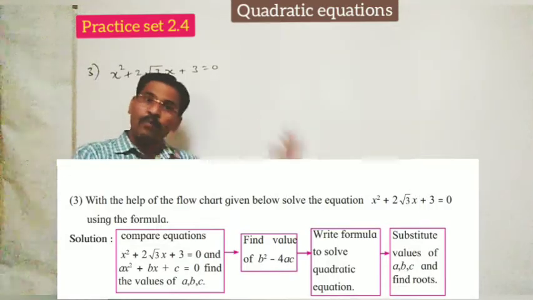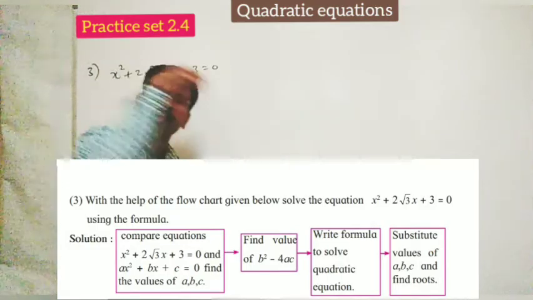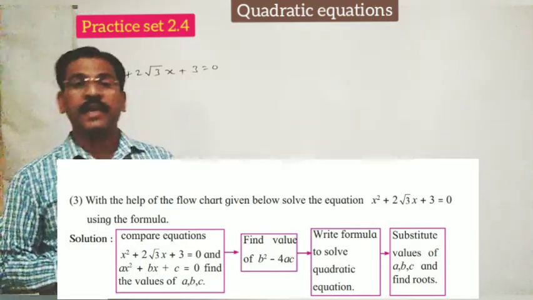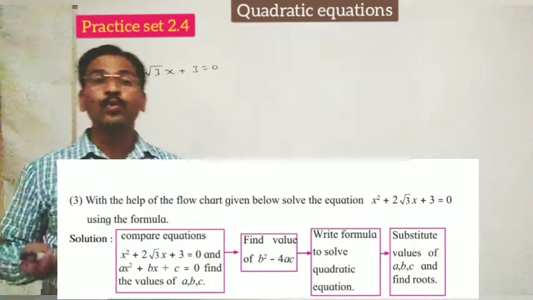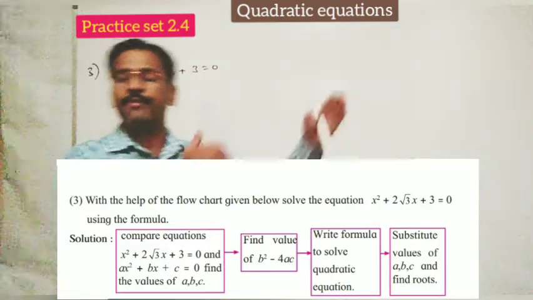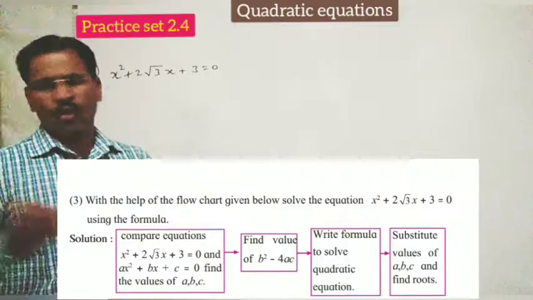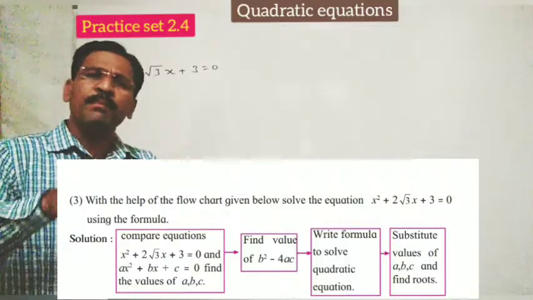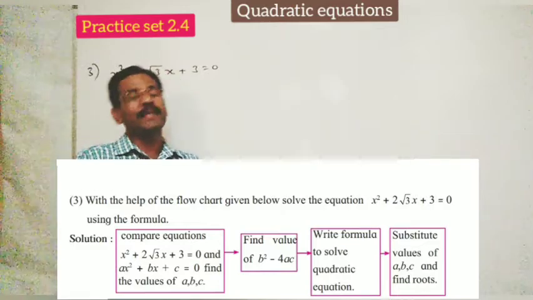Write the formula of Sridharacharya, and after substituting the values of a, b, c and b square minus 4ac in that formula, we can find the roots of this equation. Like this, step by step we have to solve. This is one activity based example. Okay friends, we already solved all examples by this method only, but here they mentioned to solve in this way.